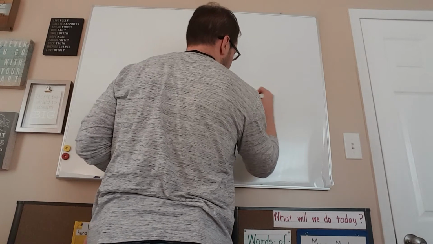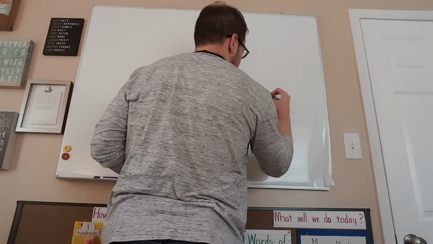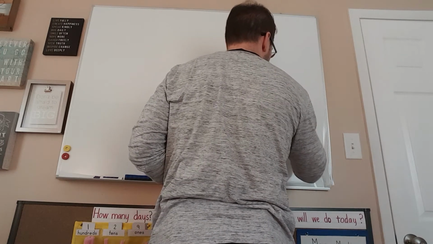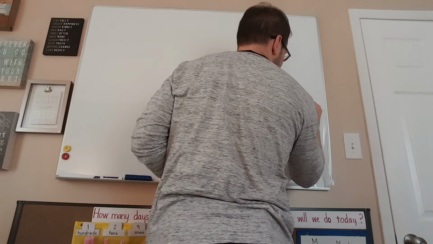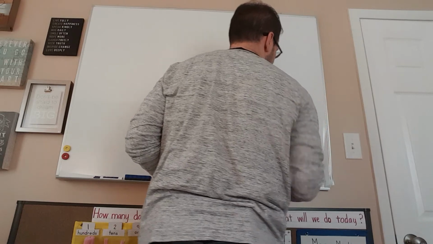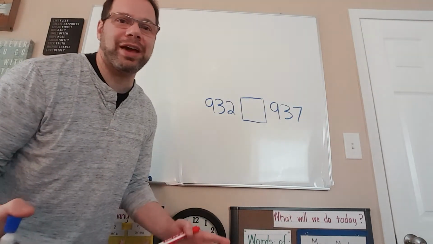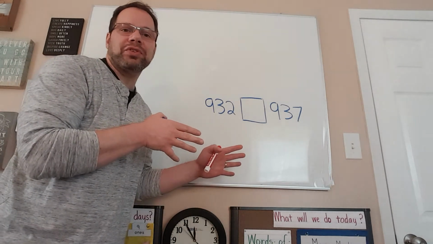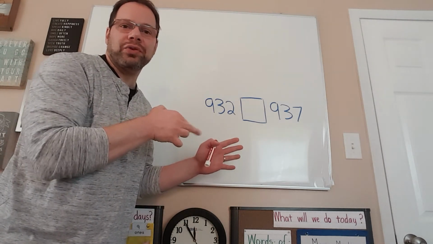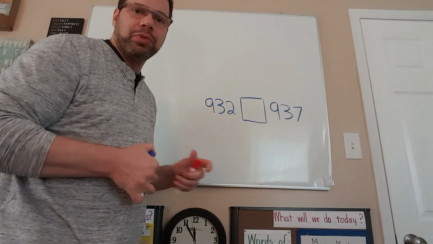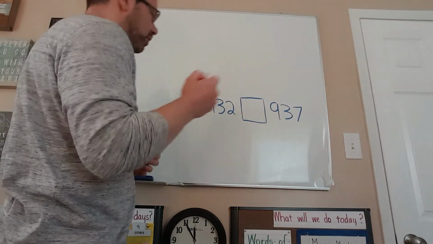932 is blank, then 937. Okay, ready? And some of you might be looking at this because of what we just covered and say, hey, I know what we're doing here, Mr. Scott. Like, I know what the answer is already because you've done some work in your head. You've gone step by step through these numbers. So let's take a look at it together.